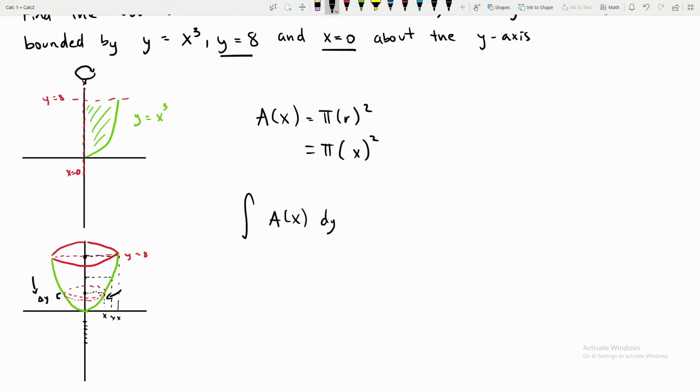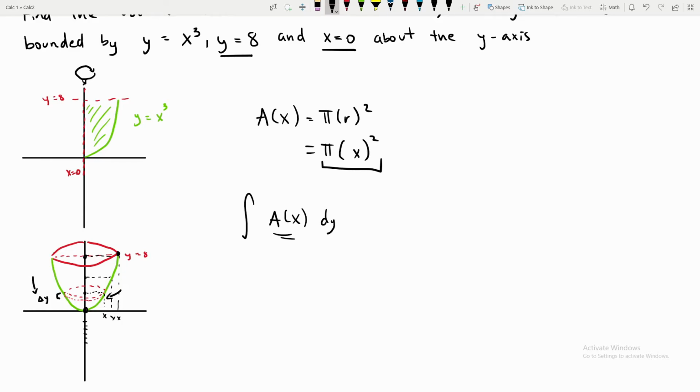This is still going to be A(x), but we don't exactly know what this function will look like. We have a rough idea, it'll be something like this, but we know we'll need to get rid of this x variable eventually because we're integrating with respect to y. So that means that our bounds also have to be with respect to y. And we can see that this function spans from y equals 0 all the way to y equals 8.